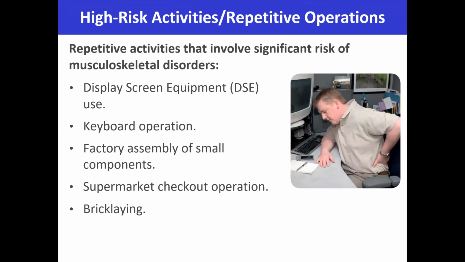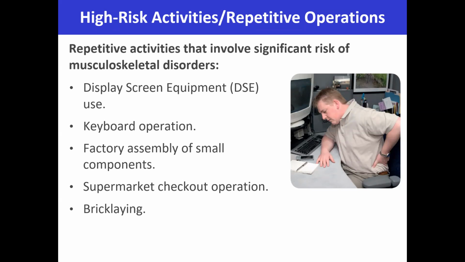What are the most common high risk activities that are exposed to musculoskeletal disorders? People who use DSE, display screen equipment. Why? Because they are continuously focusing and looking at a certain place. They are maintaining a certain posture for a long time, so they are exposed to musculoskeletal injuries.